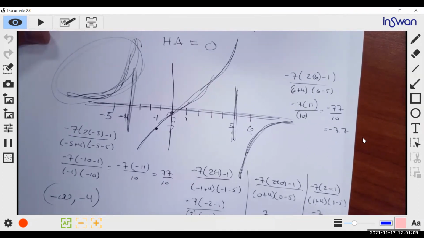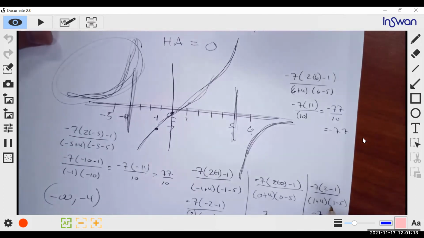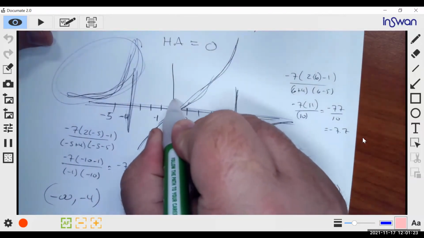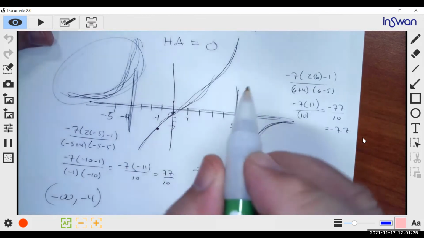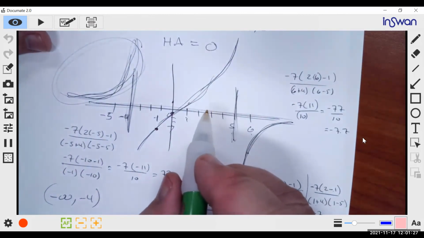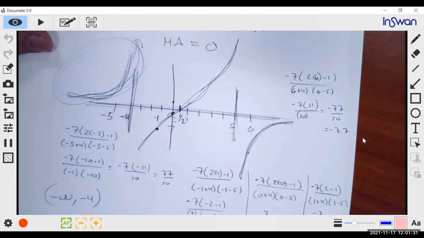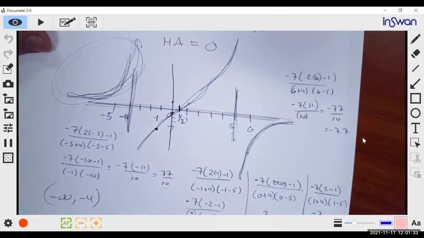Oh, okay, yeah. The y-intercept then would be 1/2. Yeah, so the y-intercept is 1, or the x-intercept is 1/2.